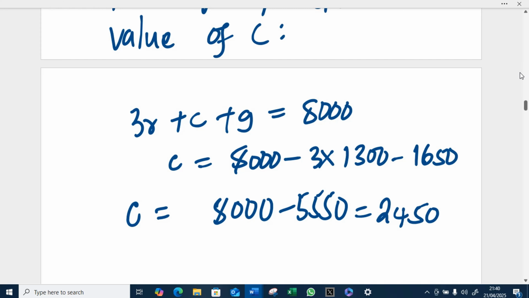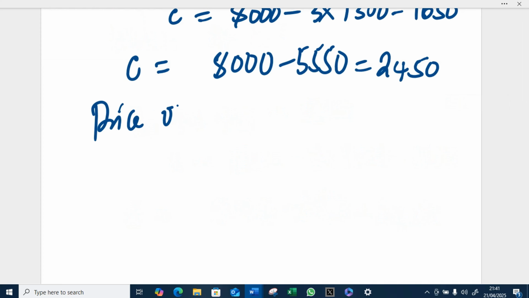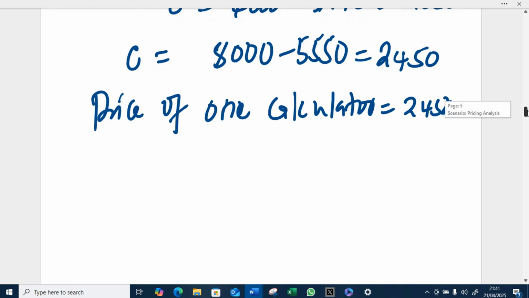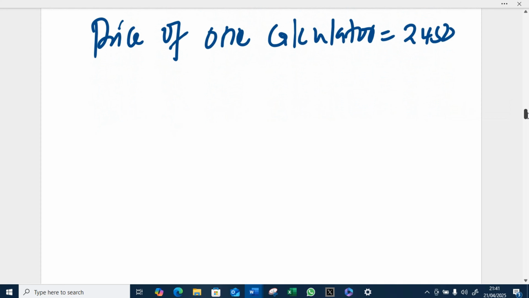So the price of one calculator is 2,450 shillings. So now, if you want, you can check the overall calculations. In other words, check whether these answers satisfy the above equations, and that is the task I've given you.